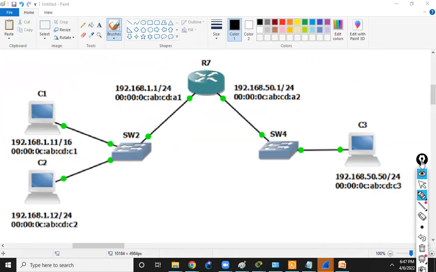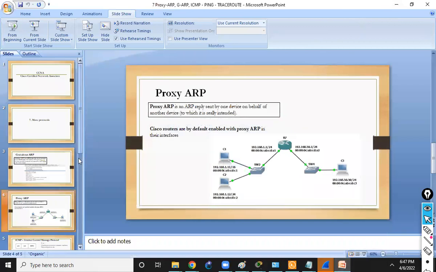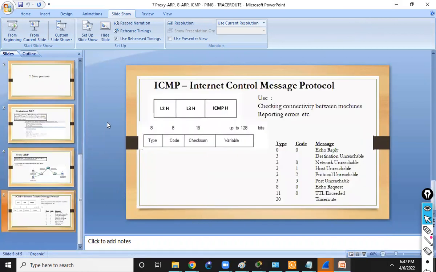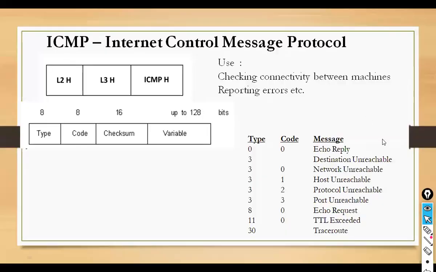Now the next thing, proxy ARP we have discussed. Then one more thing: the ICMP protocol, or Internet Control Message Protocol.